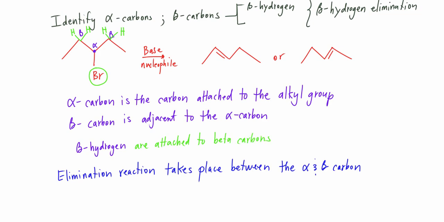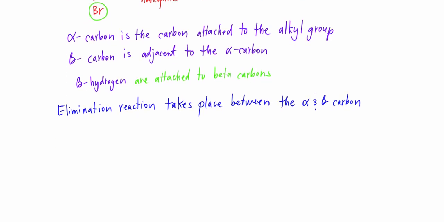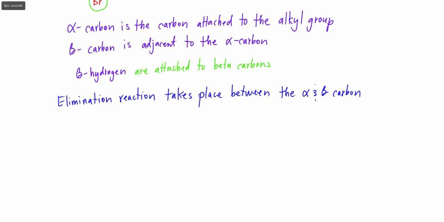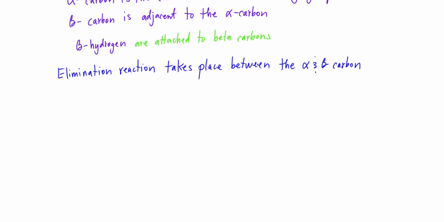So the product, I don't think we'll go through the mechanism, but the product is quite simple. So if I draw that example again, and this is actually, 1, 2, 3, 4, 5, that's 3-bromopentane, and we have some nucleophile or base.